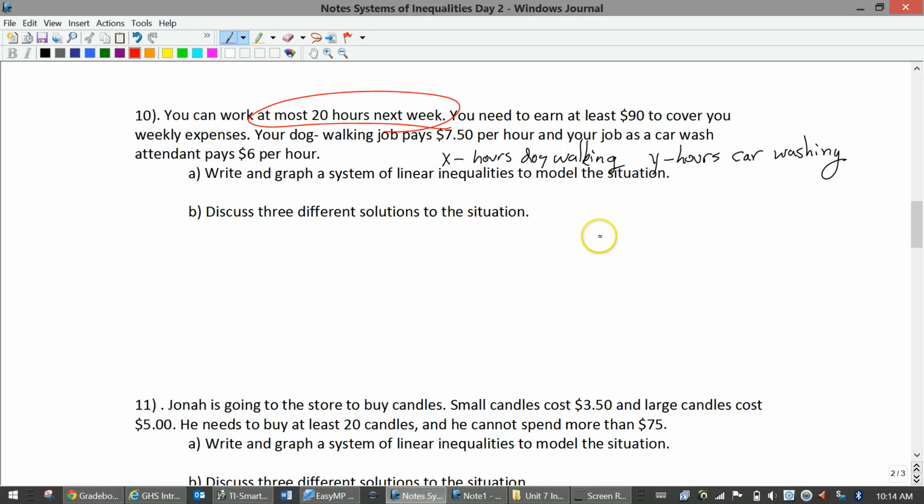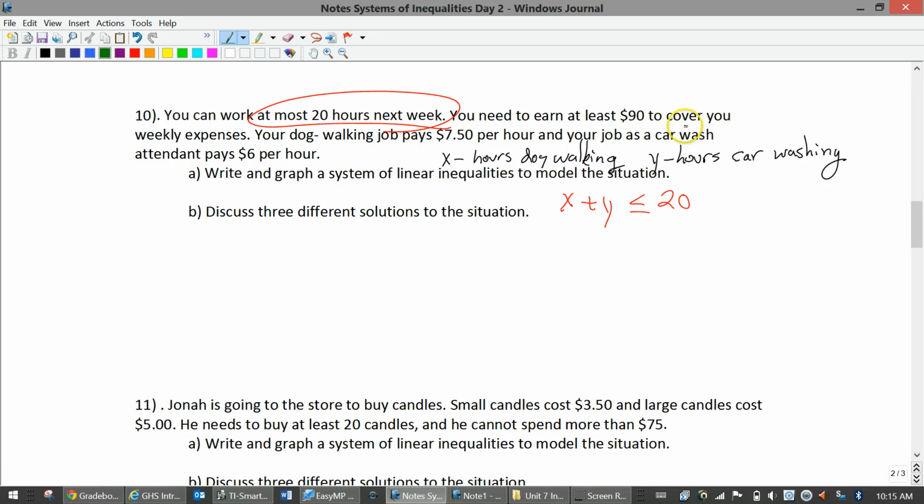Amount of hours you walk dogs is going to be X. Amount of hours you wash cars is Y, based off of what we've determined. And those two added together need to be 20, actually less than or equal to 20, because we can get close to 20. Okay?